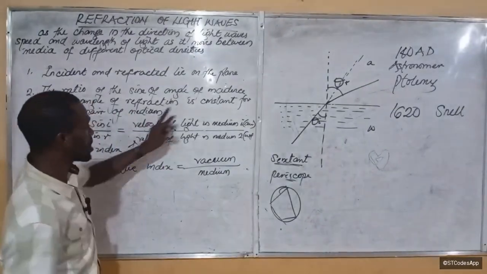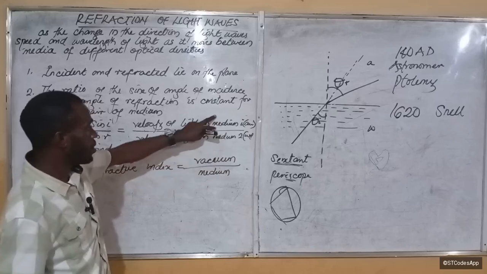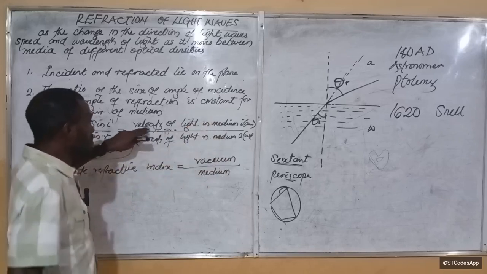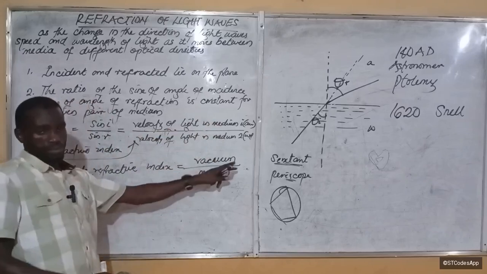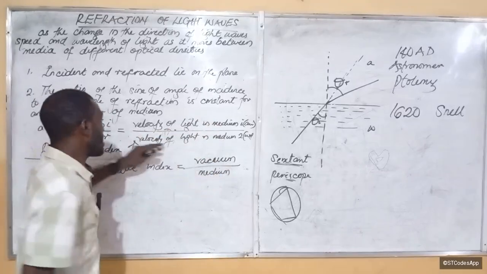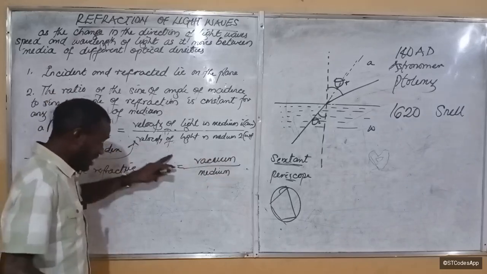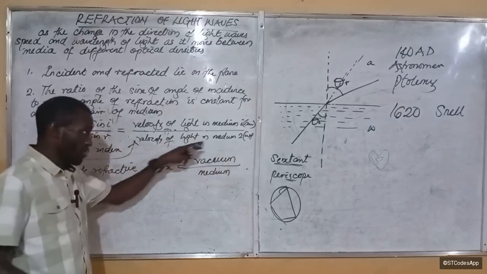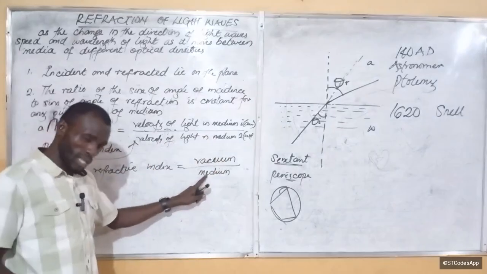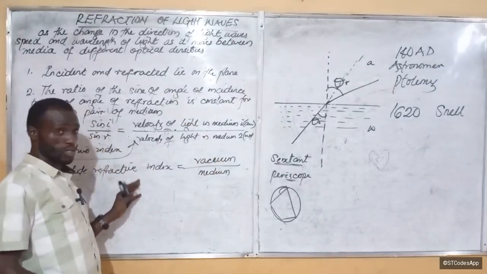If you are considering velocity, it will be the velocity of light in vacuum, which is 3 × 10^8 meters per second, over the velocity of light in that medium. Does that make sense? Depending on which one you're talking about.